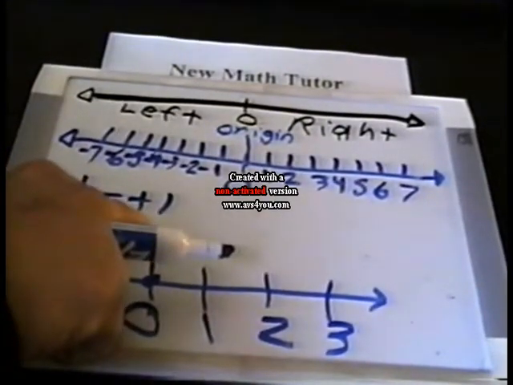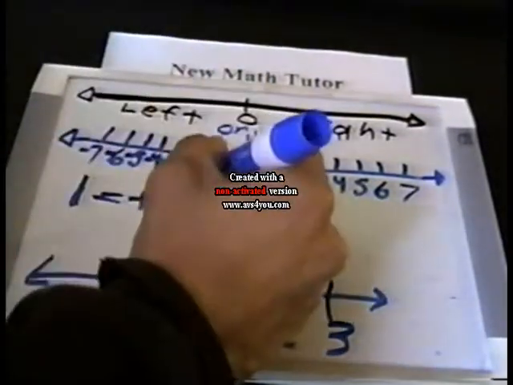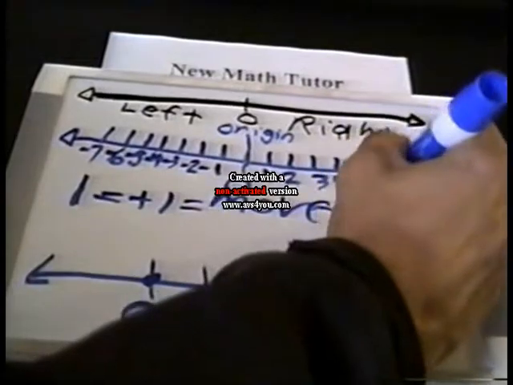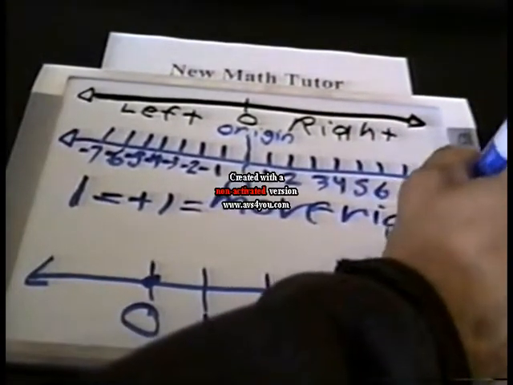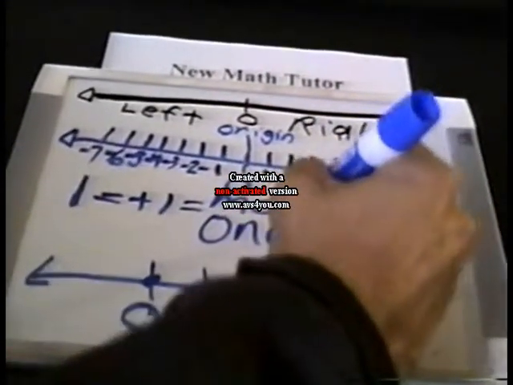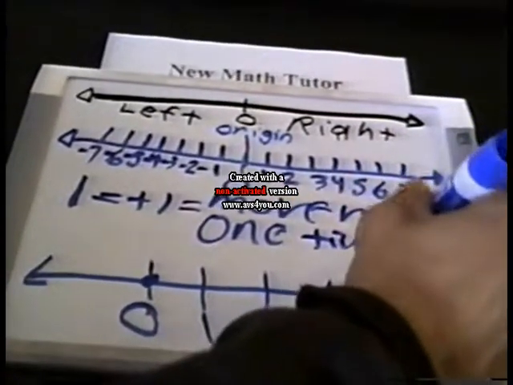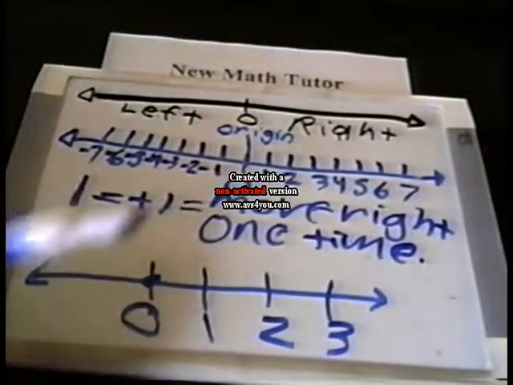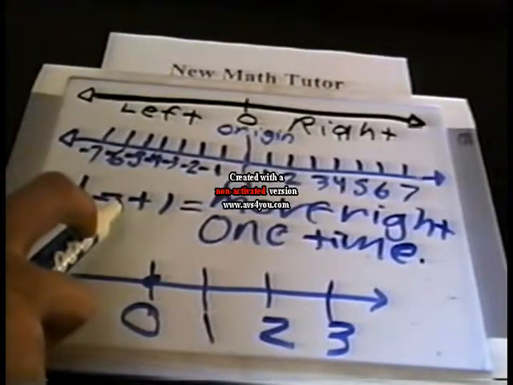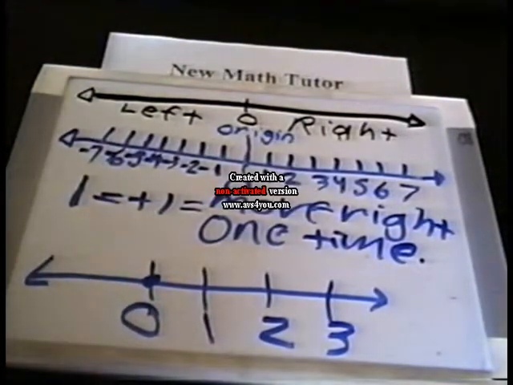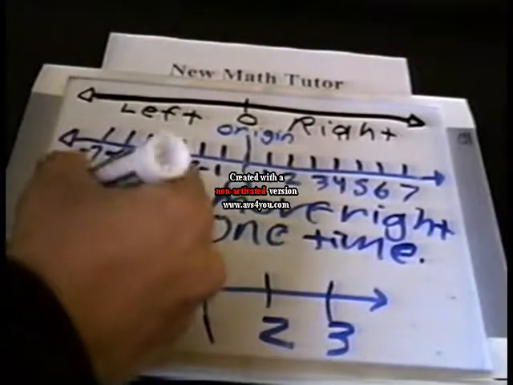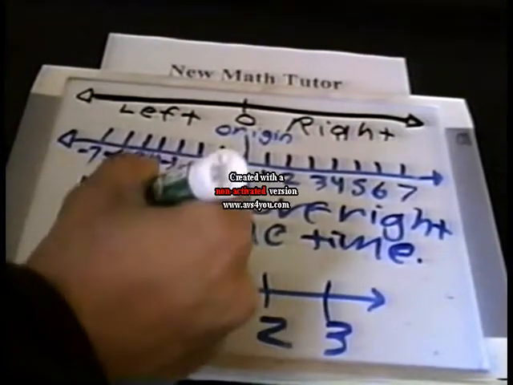So this means a positive 1, meaning move 1 once in the succession along the positive direction, or meaning move right 1 time. The sign tells you which way to move.